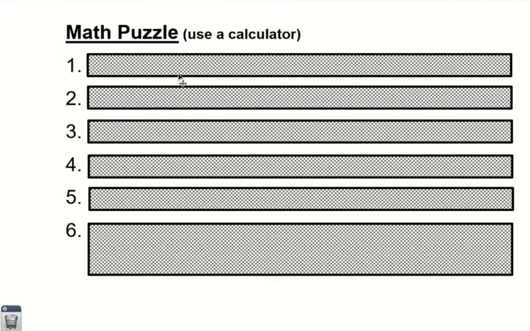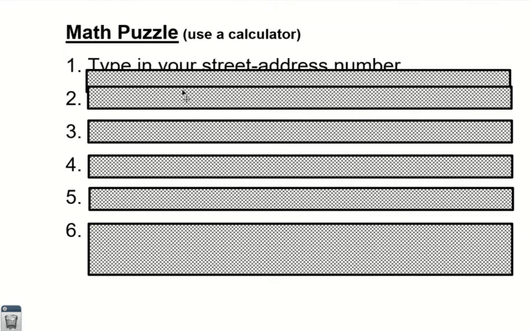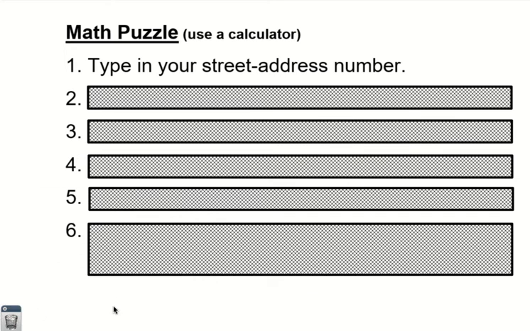So if we have a calculator handy, feel free to pause the video as needed, but first thing you're going to do is type in your street address number, whatever it might be.